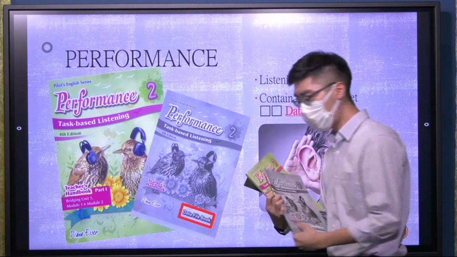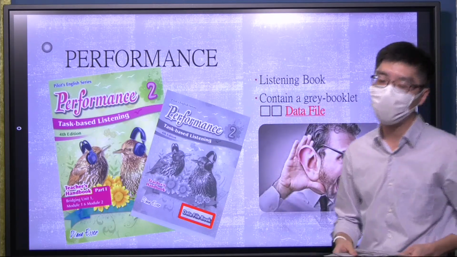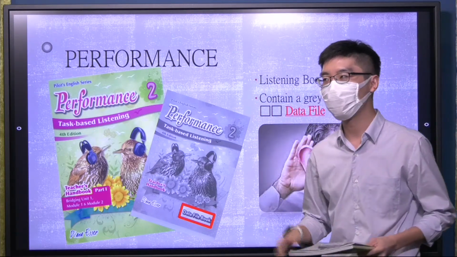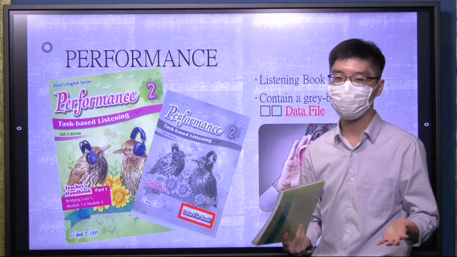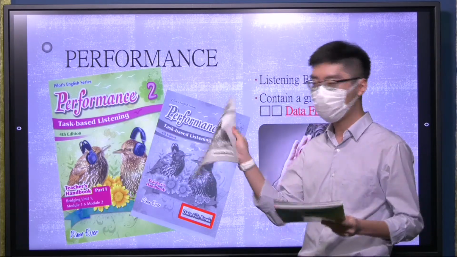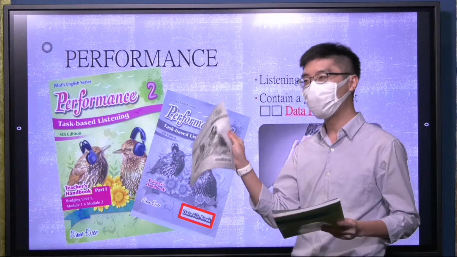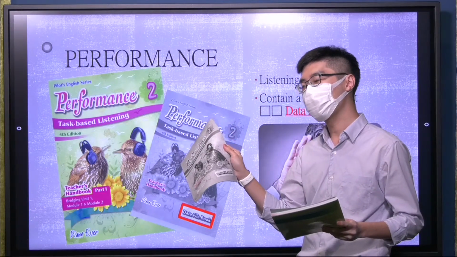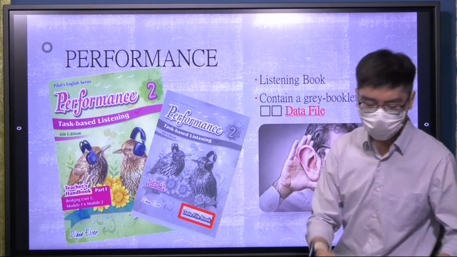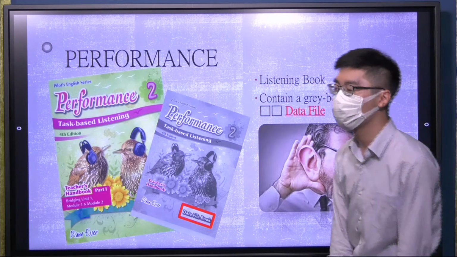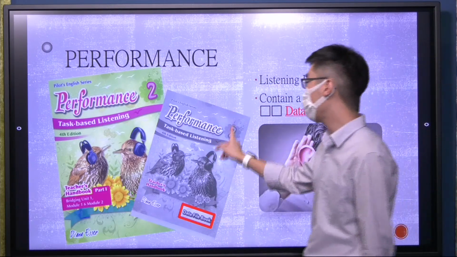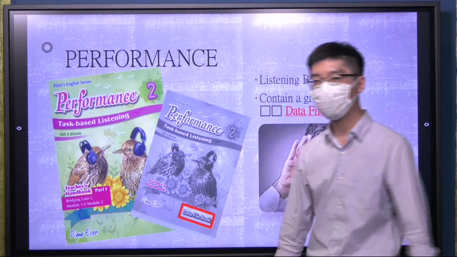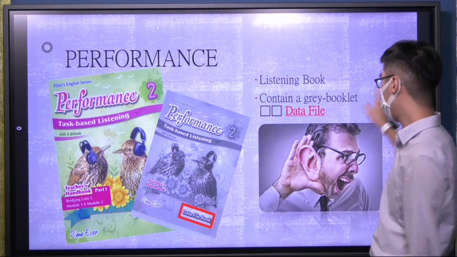It is used for your integrated task. Besides listening to the audio, you also need to read the data and copy some ideas or examples from the data file book to finish your integrated task. Please write your name in both booklets to make sure you won't lose them.